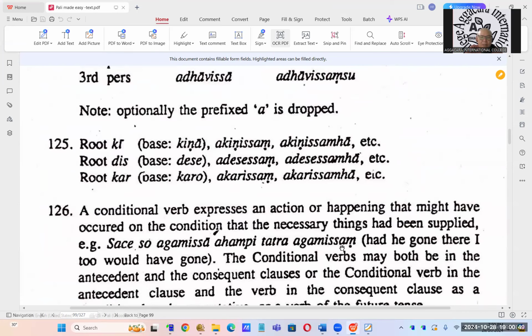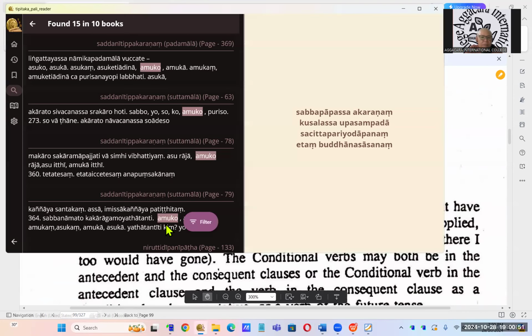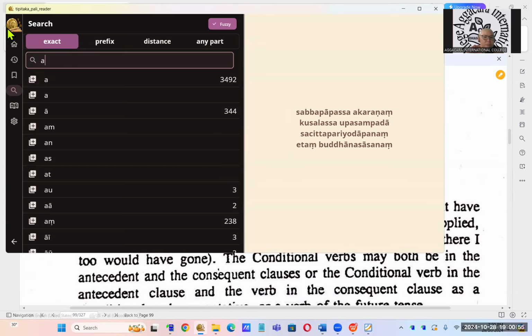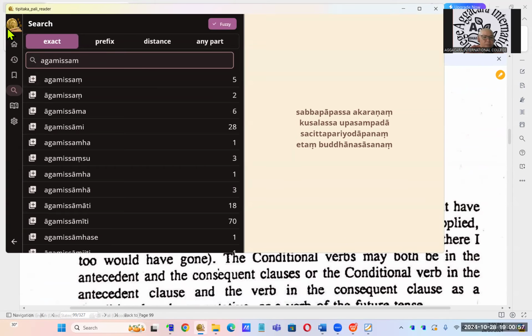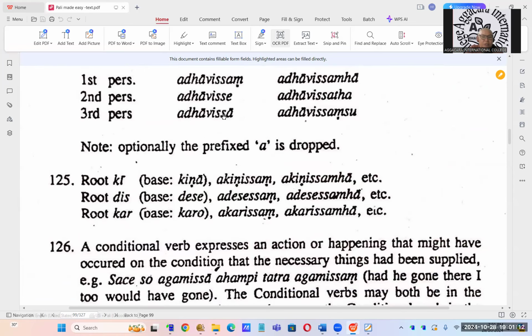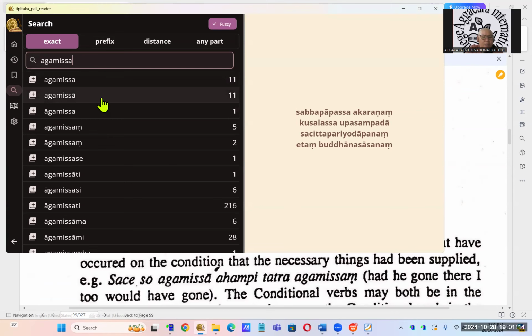So agamisam. Okay. Agamisa, agamisa. All right, so you can see short a, long a. So either of the two. The first example here, third person singular, agamisa or gamisa.